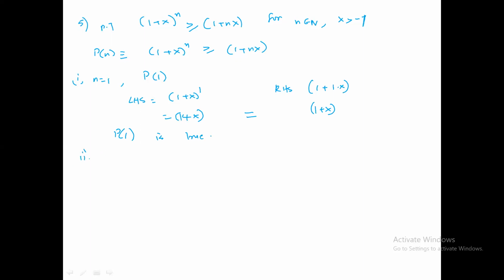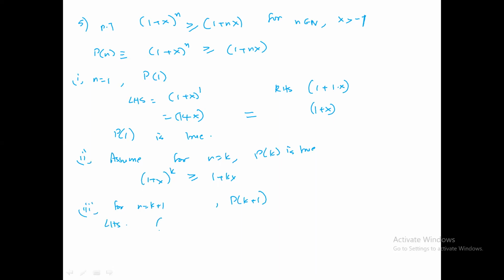Now our second work is to assume for n equal to k, P of k is true. That means we are assuming (1 plus x) whole power k is greater than or equal to 1 plus kx. This is just an assumption. Now the third is we will take n equal to k plus 1 and we will find P of k plus 1.